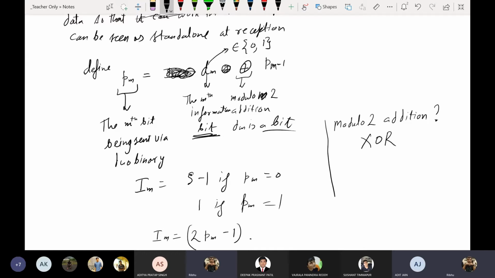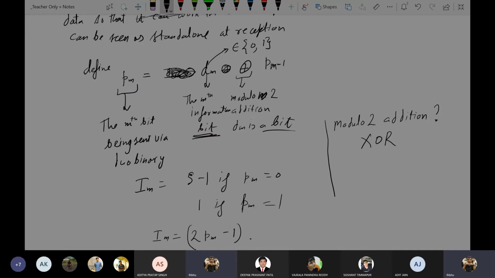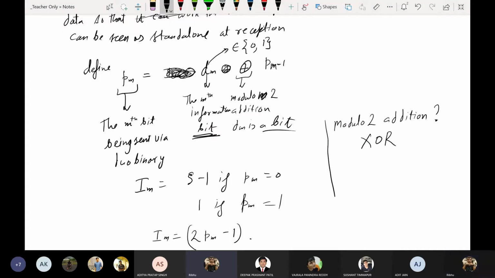No, sir. Oh, that's sad. So I will continue as long as the laptop battery lasts, because if I plug it in, I won't be able to write. We'll try plugging it in. Modular 2 addition is XOR.